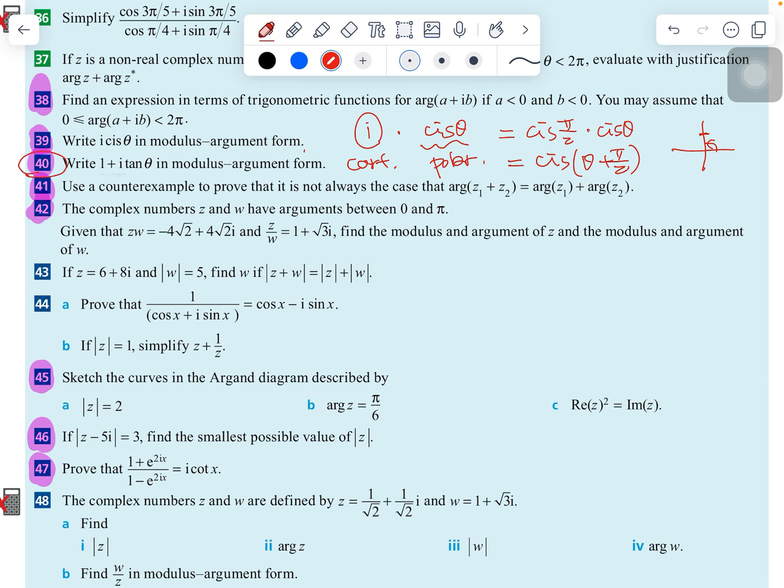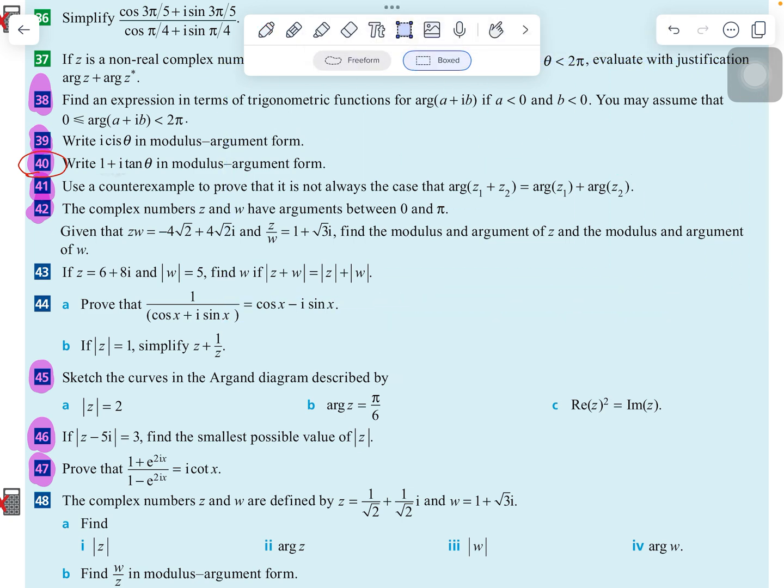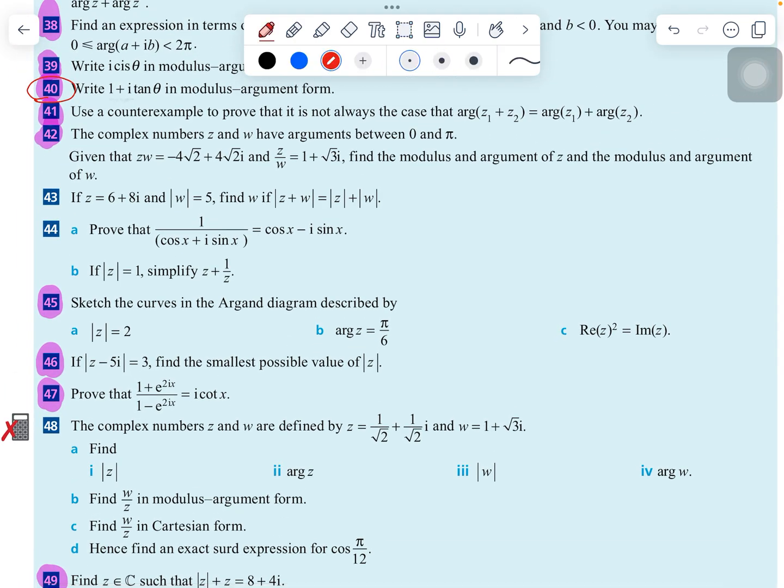Now for 1 plus i tangent theta, in modulus argument form. Okay. Let's call it z. z is 1 plus i tangent theta.